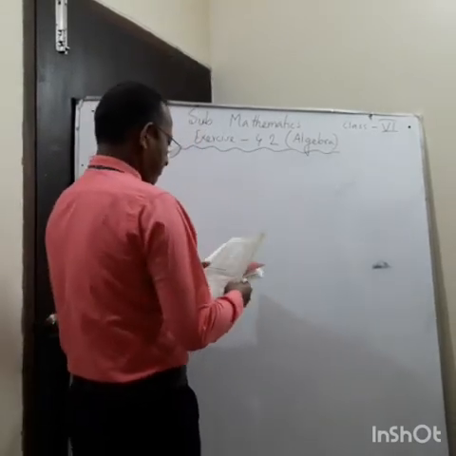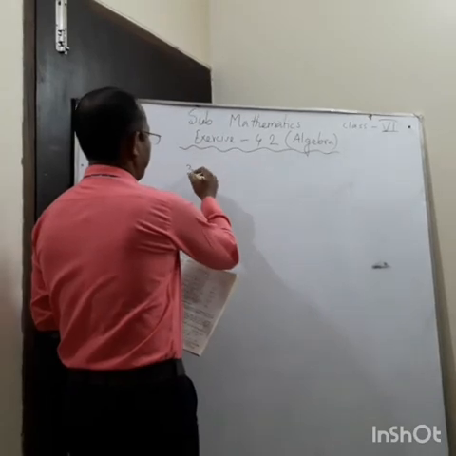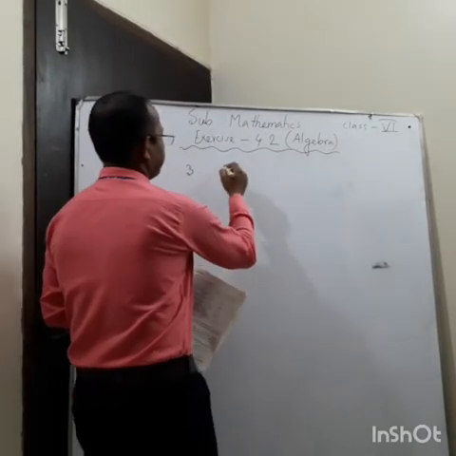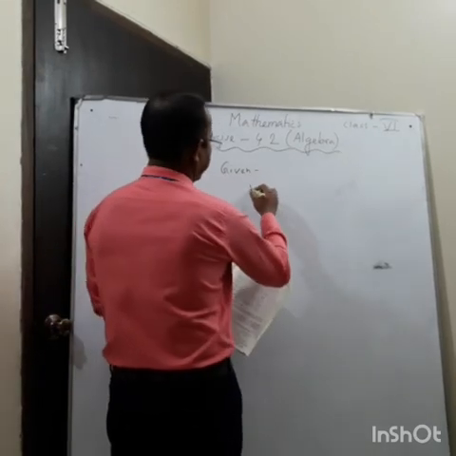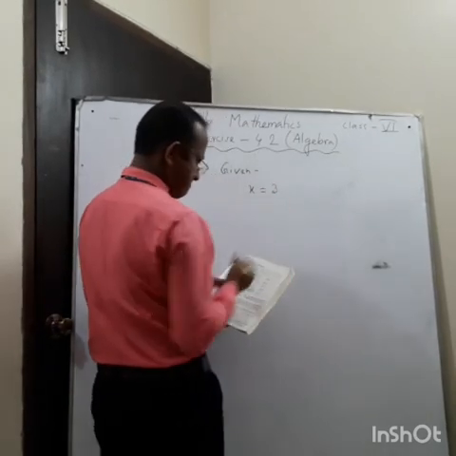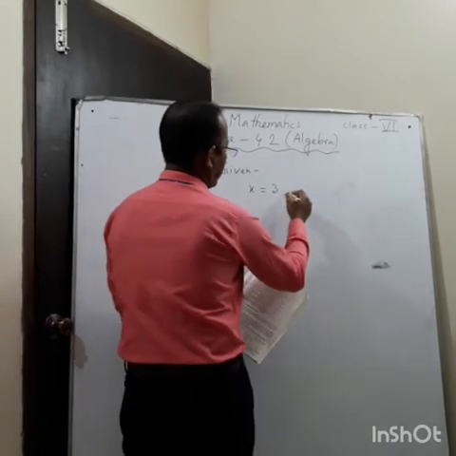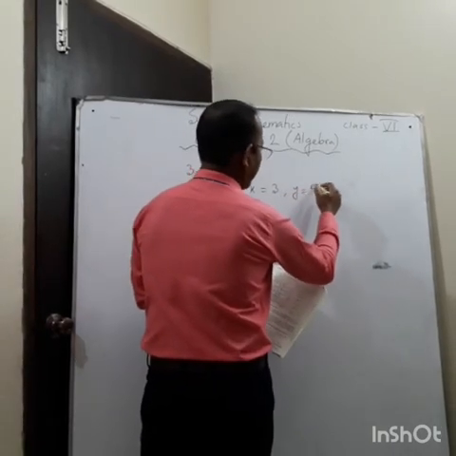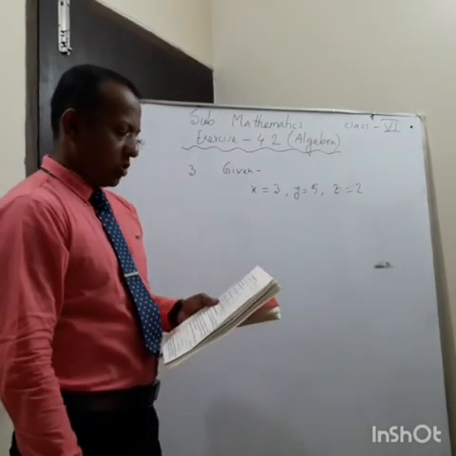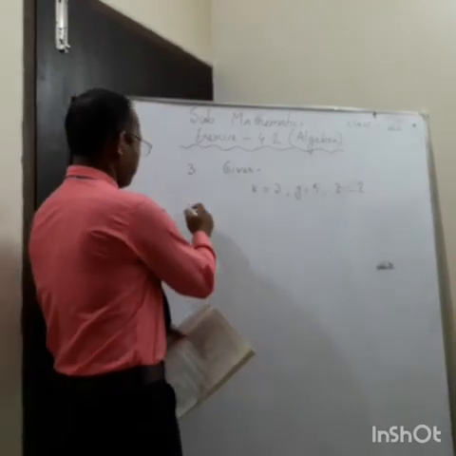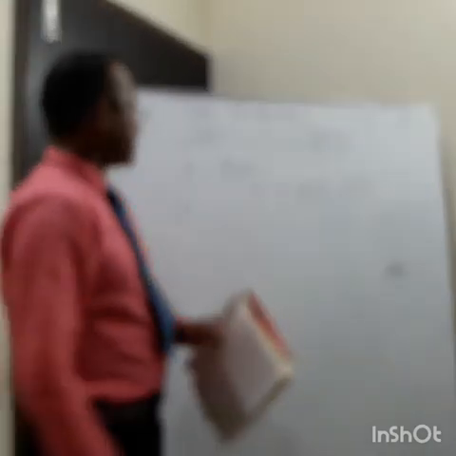Number 3. Given x equal to 3, y equal to 5 and z equal to 2. We have to prove number 1, y square minus x square.